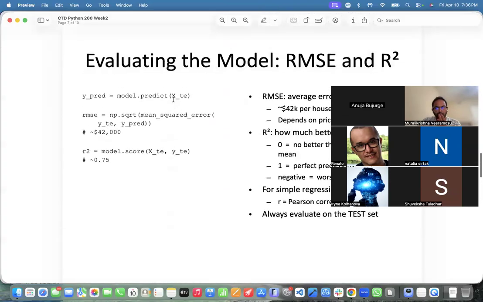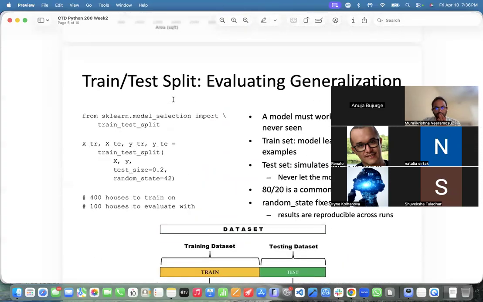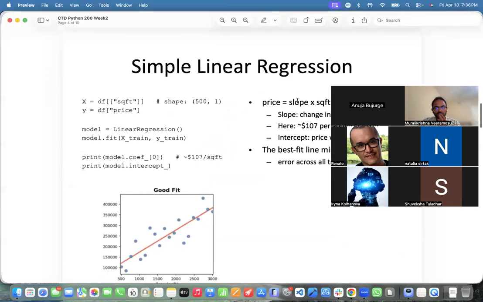So with one feature, the formula is slope times square feet plus intercept. Can you guys guess what the formula will be with two features? Here the slope is 107 with one feature. Any guesses? With two features, we added distance as a feature, so what would be the formula?